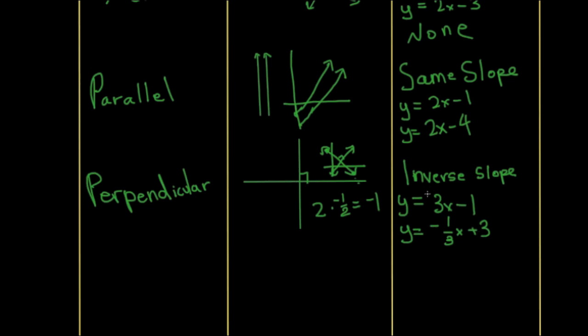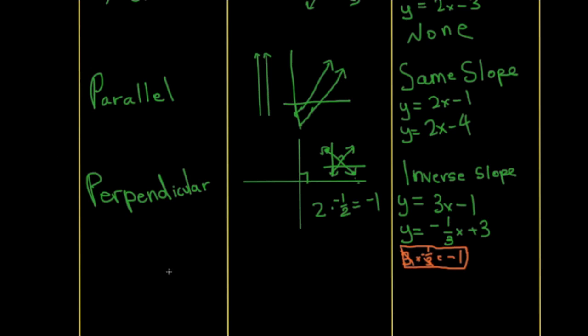Again, let's make sure that they are perpendicular. If we multiply 3 times negative 1/3, the 3s cancel out, and you're left with a negative 1. So that is how you would verify if you really had to.